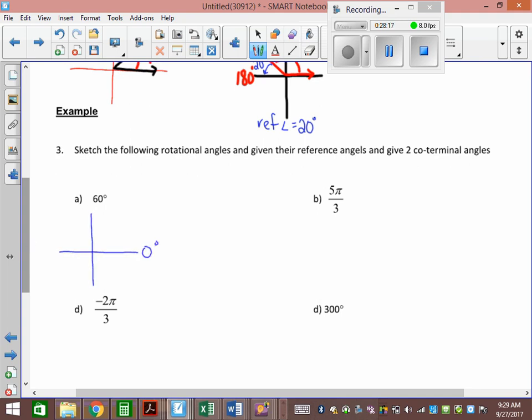So I have 0, 90, 180, 270. I will label these every single time because it makes my life a heck of a lot easier. 60 degrees is 30 from 90, so I'm going to draw it. That's 60. We agree? What's my reference angle? 60.